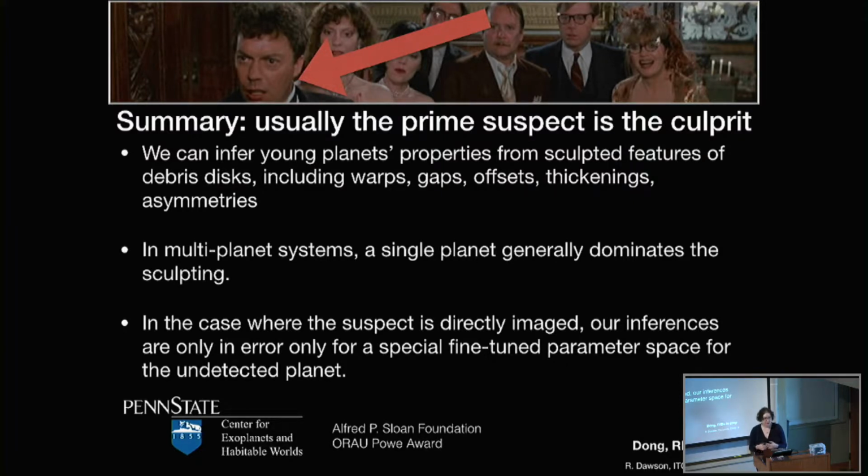In particular, when the suspect is massive and far away enough to be direct imaged, our inferences are only in error for sort of a special, finely tuned part of parameter space. So in particular, if we had a big sample of planets, we're not going to be really wrong about the typical properties. There are some caveats in special cases, so stay tuned for DJ's paper where she goes through each of these features in detail to say when you should worry and when you should not. Thank you.